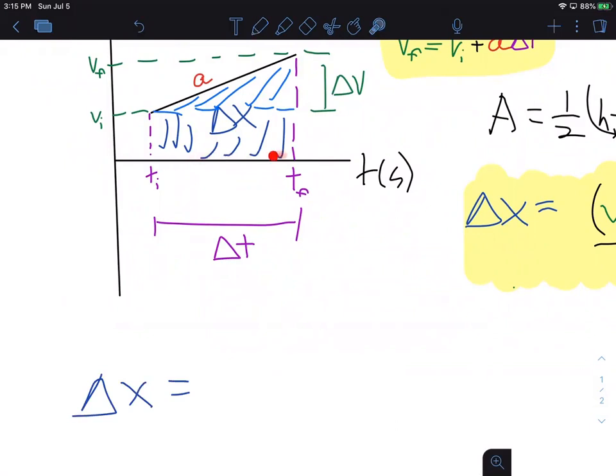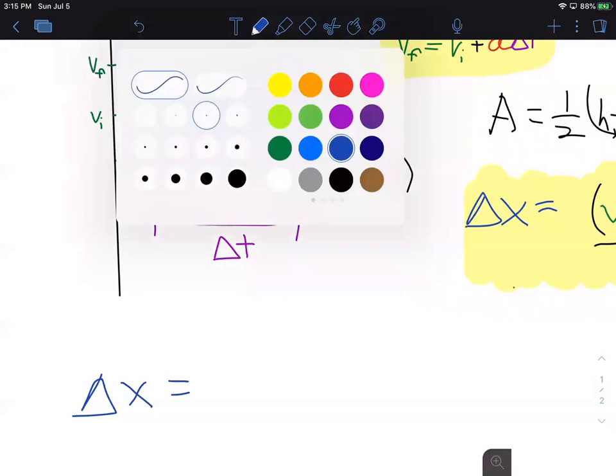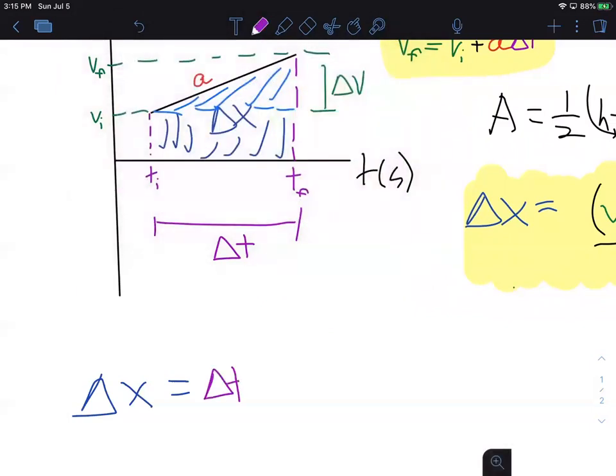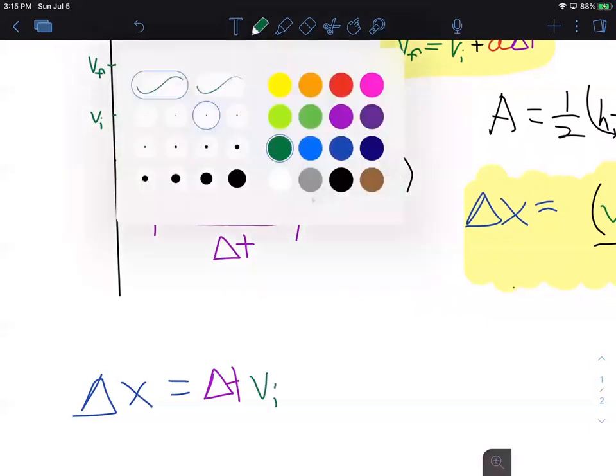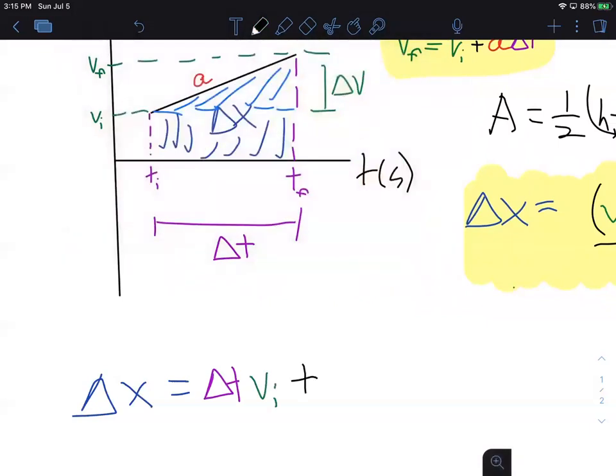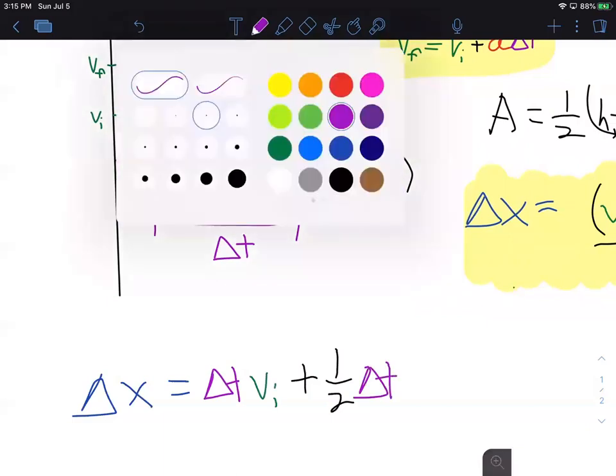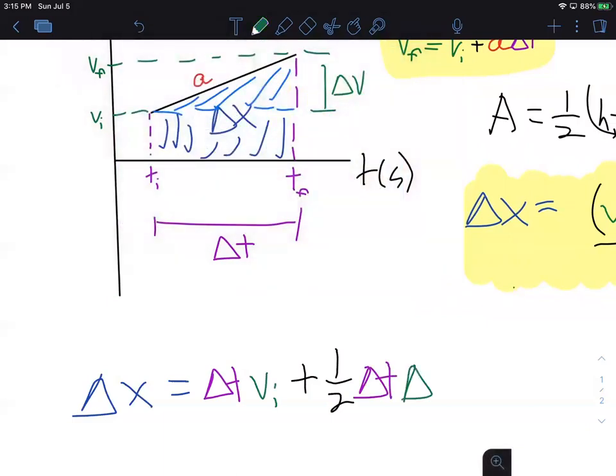It's just delta t, and then my height here is just vi. Okay, so we got base delta t times height vi. And then we got to get this triangle on here. So triangle, 1/2 base times height, 1/2 my base delta t, and my height delta v.